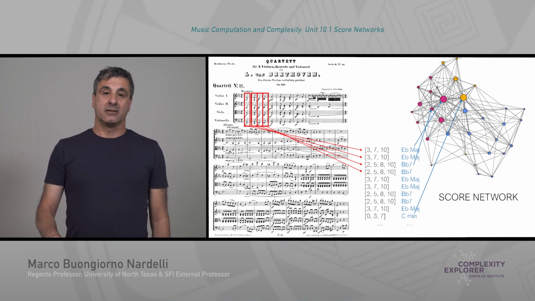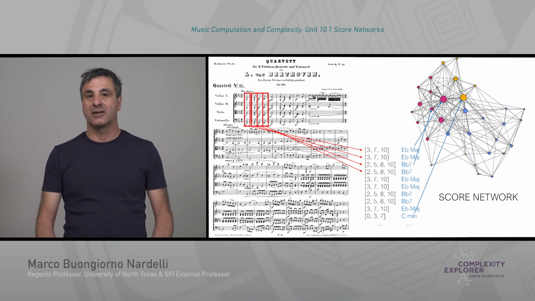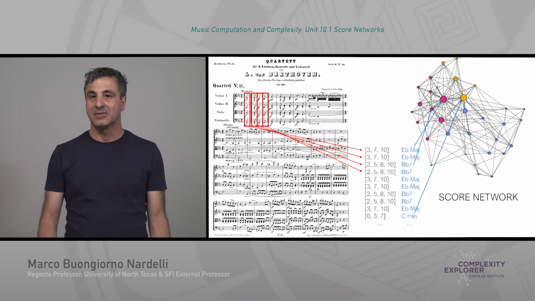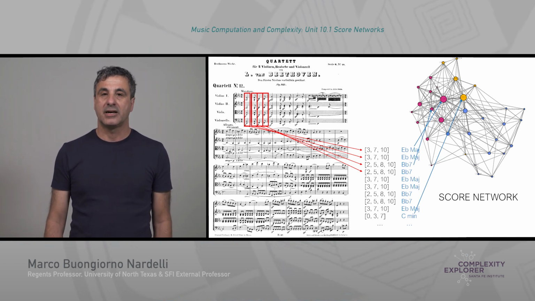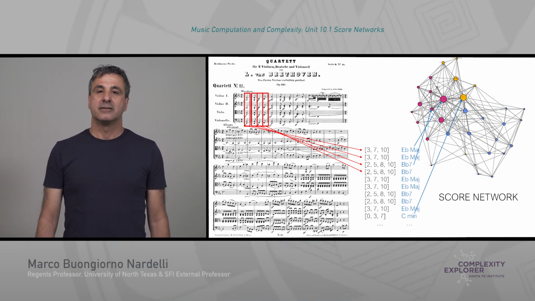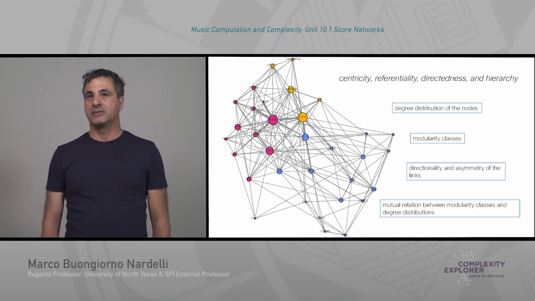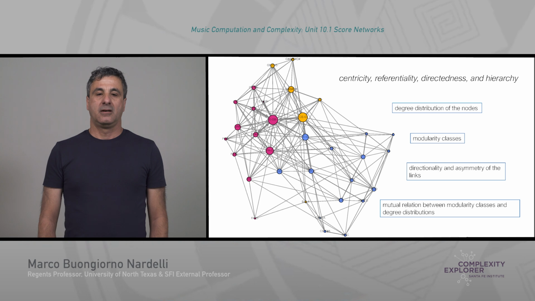And these links are visited more than once because in the piece there are chord progressions that repeat themselves, so there will be repetitions. And you see in the network on the right that some links are thicker than others. That means there are some chord progressions or voice leadings, as we call it in music theory, that are more common than others. Now, these networks have very specific characteristics.